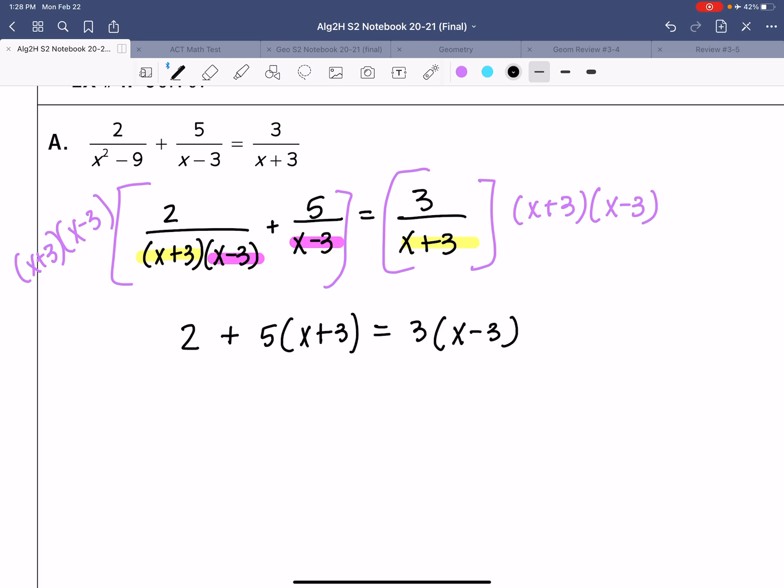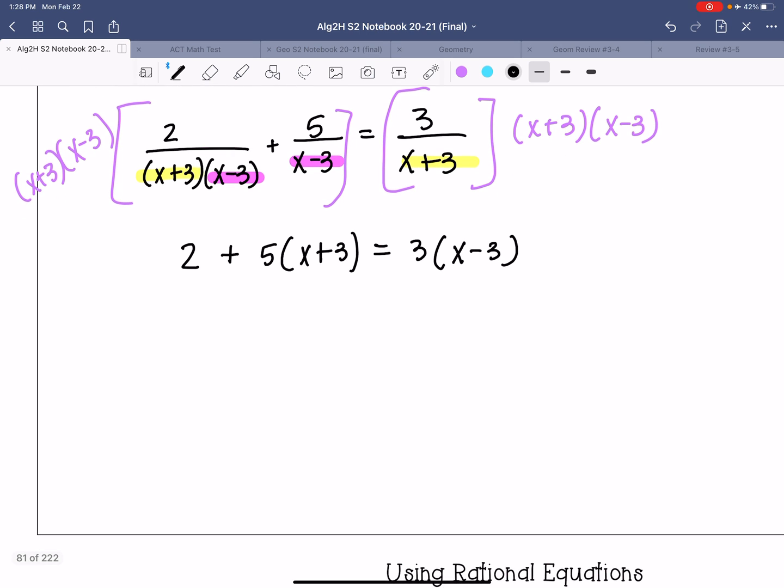All right, distribute, combine like terms, the whole thing. So I'm going to get 2 plus 5x plus 15 equals 3x minus 9. I'll combine my 2 and my 15, so I'm going to get 5x plus 17 equals 3x minus 9.